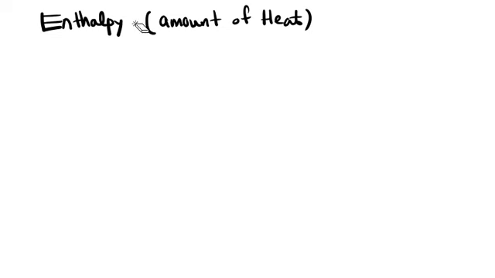This amount of heat can be denoted by delta H. If we report it for one particular reaction, we call that delta H of reaction. So delta H, enthalpy, means we are talking about the amount of heat exchanged during a reaction. Again, no matter if it is absorbed or released.